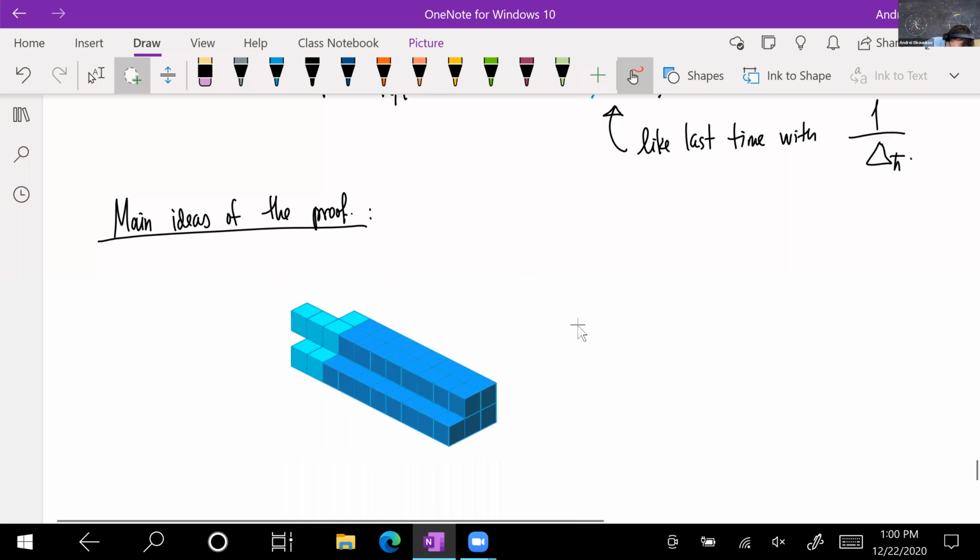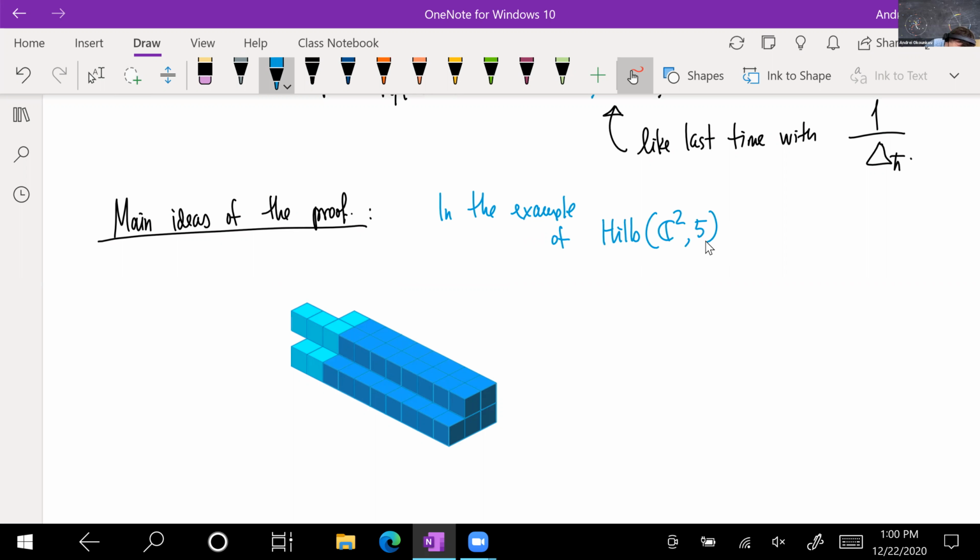So we'll do it in the example of the Hilbert scheme of now C2, well, in this case 5 points.